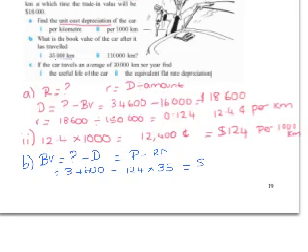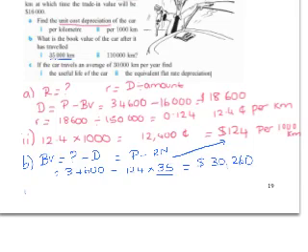The book value after it's travelled 35,000 kilometres is $30,260. So remember what I did there: I worked out the depreciation by doing the rate of depreciation, 124, times the amount of kilometres, 35, and then I took that away from the original amount.